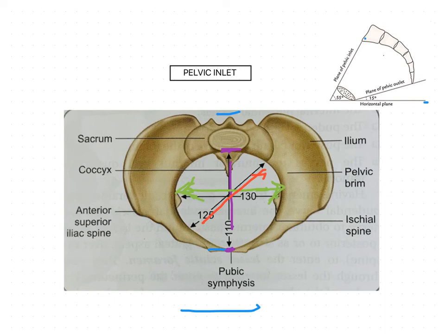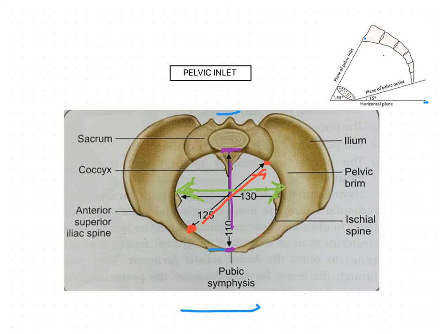Okay, now coming to the oblique diameter. This oblique diameter is measured from one iliopubic eminence, which is present in one hip bone, to the other opposite side. You can find the iliopubic eminence on both sides, where the ilium and pubis unite.